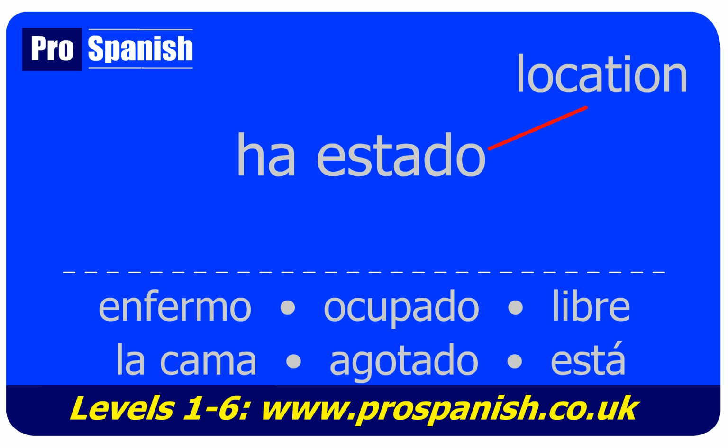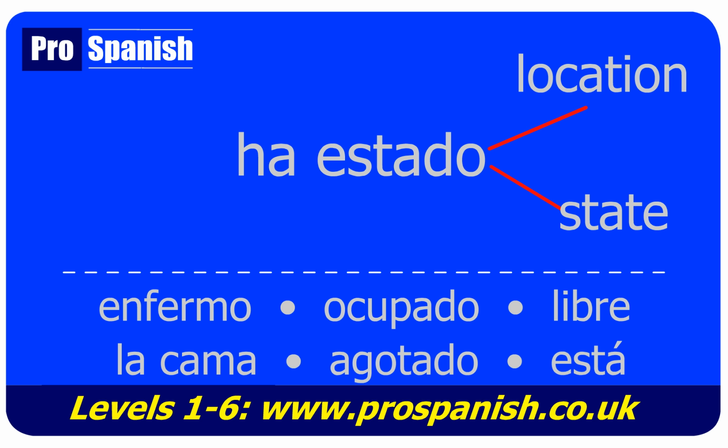So location, where. And the state of something. Remember before I said estado means state. Well, being ill is a state. Being busy is a state. Being exhausted is a state. So, ha estado can be used with all of those.